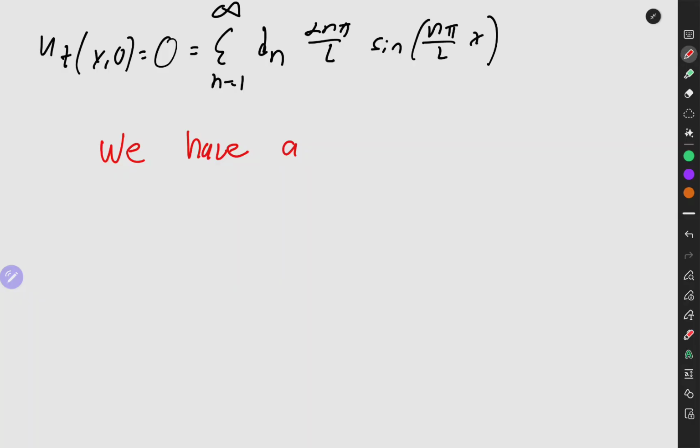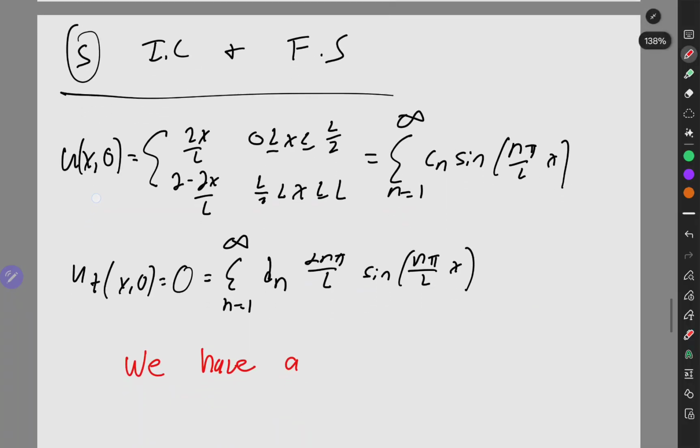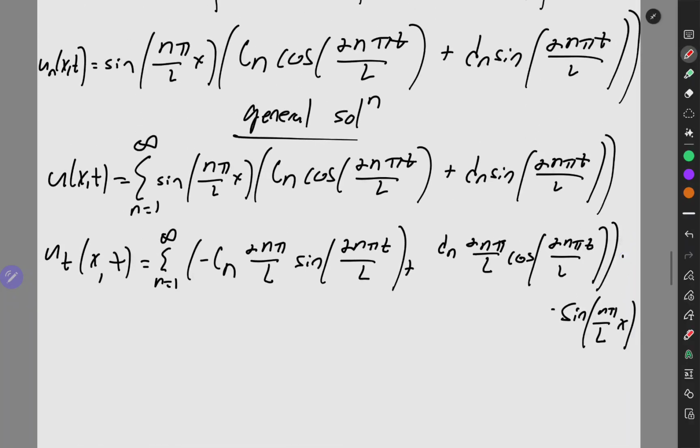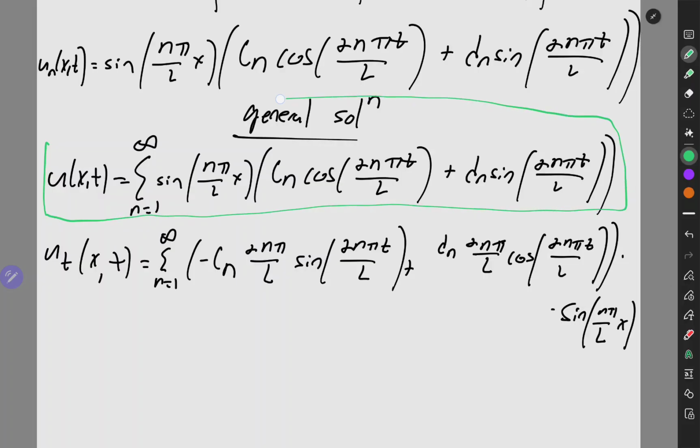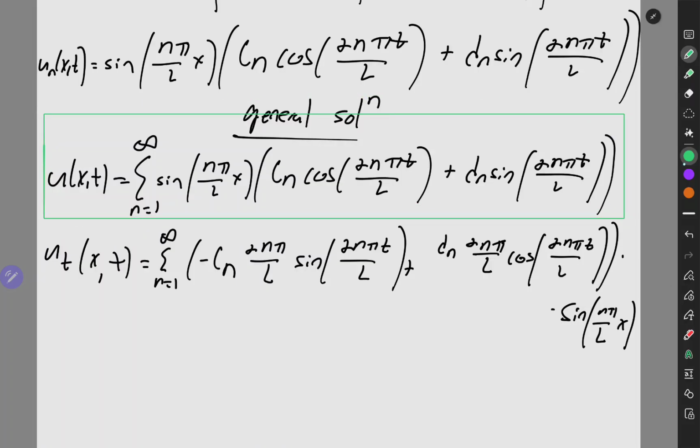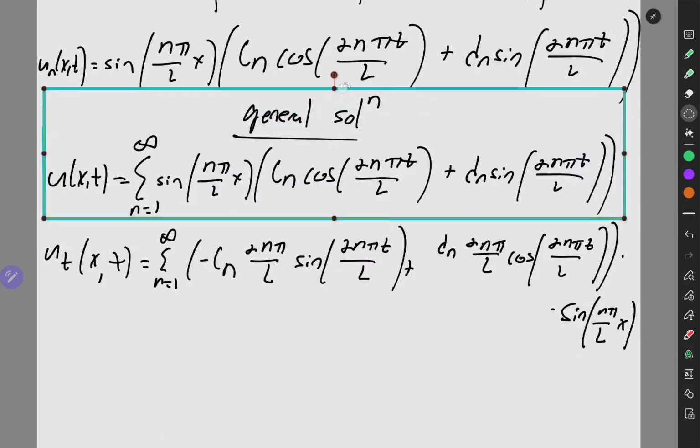No, because all this is doing is still one Fourier series. Okay, I see. I get it now. What we're doing is finding c sub n and d sub n. What u allows us to find is c sub n. What u of t allows us to find is d sub n, and they both go into this general solution right here. This is what really matters right here. Okay? I get it now.